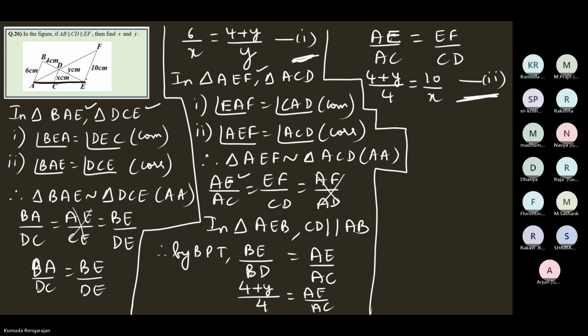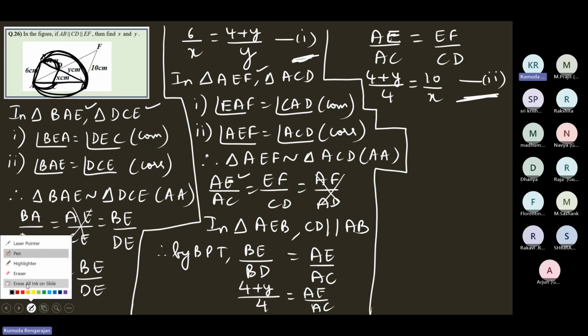So when you take up this triangle, this is parallel to this is given. So by BPT, you can find AE by AC. So you should write AE by AC is equal to BE by BD using BPT. BE is what? 4 plus Y by BD 4. So like that we get 4 plus Y by 4.